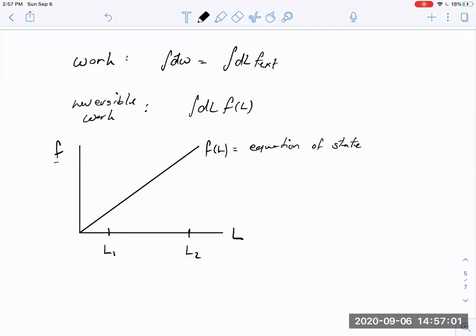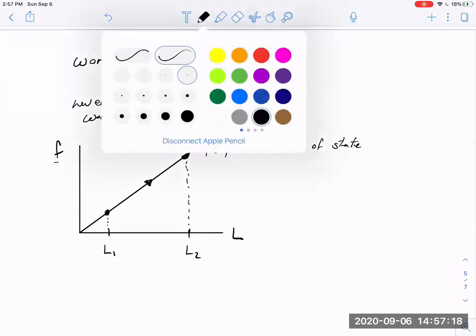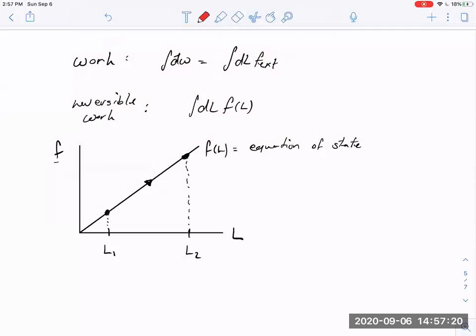All right, now let's imagine I ask for the work for a reversible process going between L1 and L2. That would mean that at each extension, I'm moving along this equation of state line. So I take the system initially at L1, I apply a force which increases with length into L2.